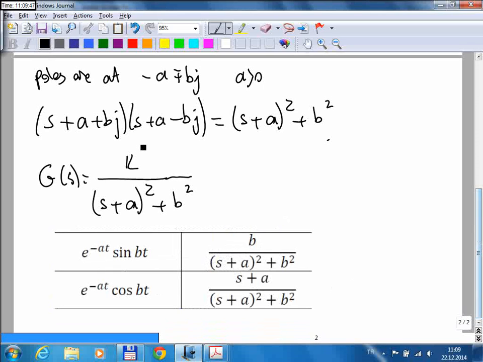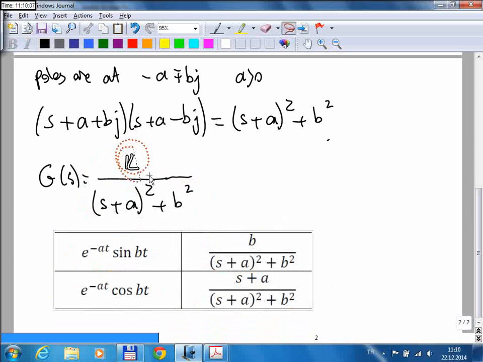Okay, so if we have a transfer function with a denominator that looks like this, then taking the inverse of that, the denominators here are exactly like what we have here. So that means when you take the inverse, you will have a combination of these terms here, right?